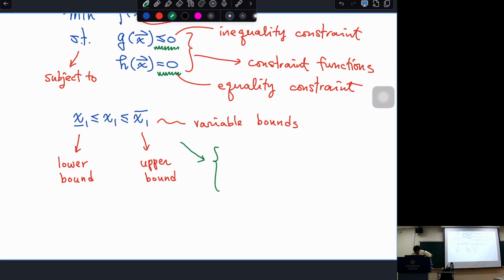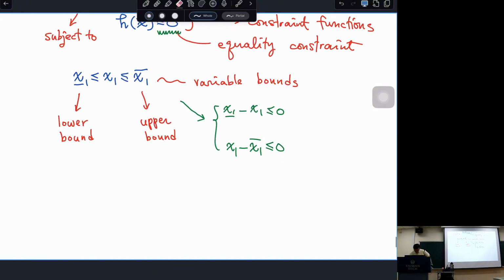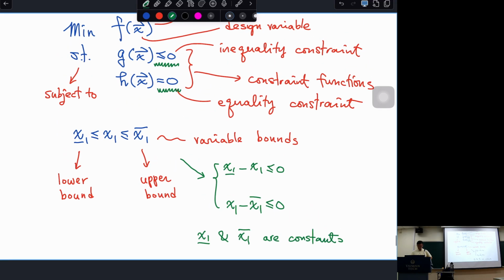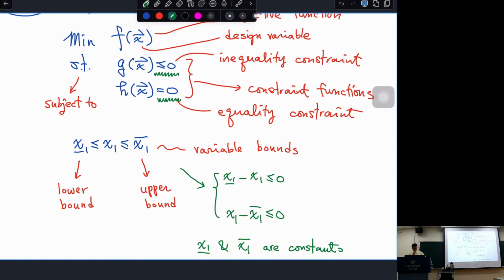You can write this as, and the other one. So over here, x1 lower bar and x1 upper bar, they are just constant numbers, constants. Only the x1 is variable, right?